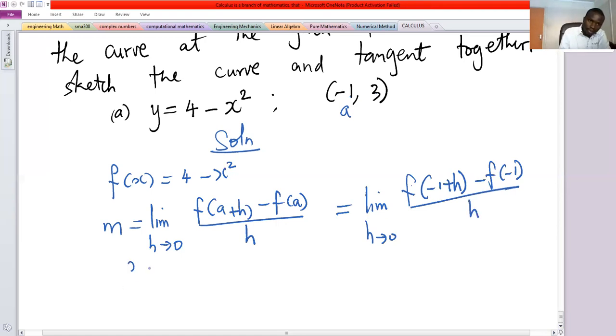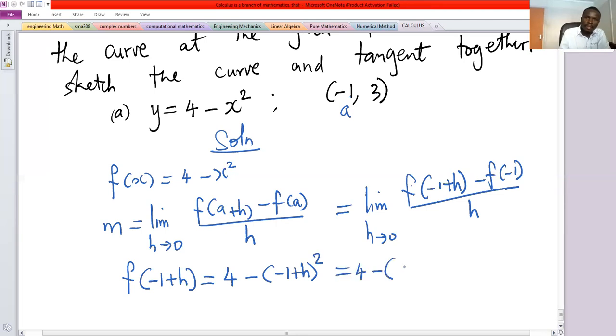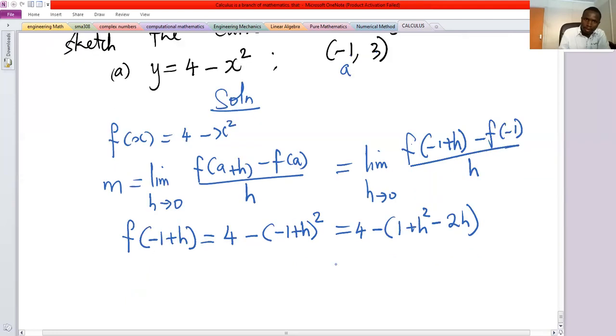So f of minus 1 plus h, if this is f of x, then it will be 4 minus the input squared, which will be 4 minus 1 plus h squared minus 2h, which is the same as 4 minus 1 minus h squared plus 2h.